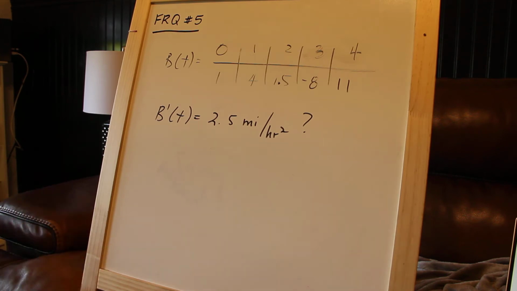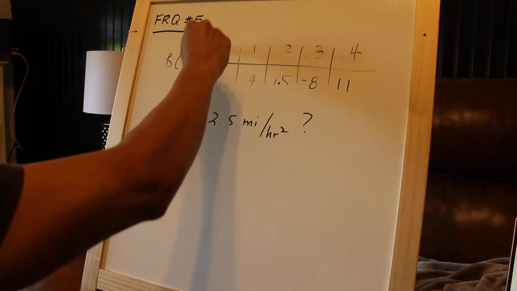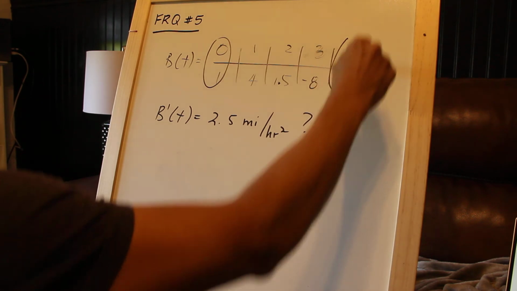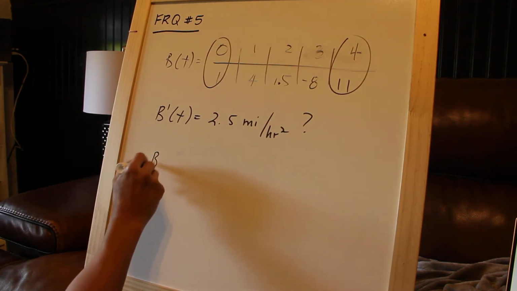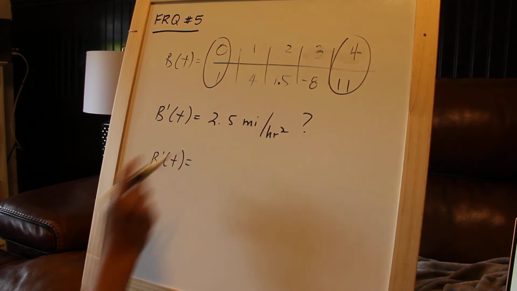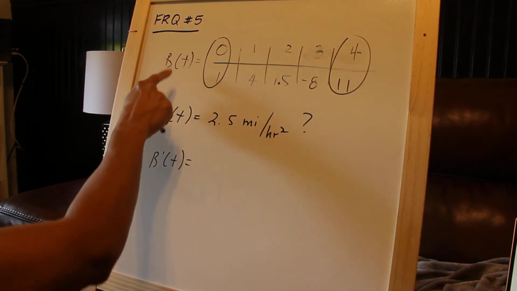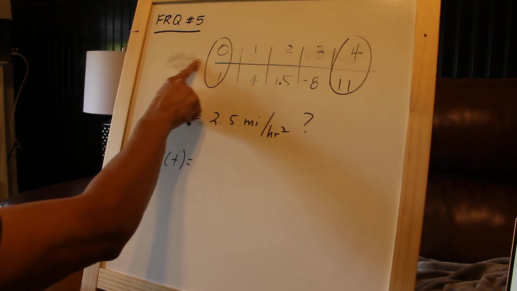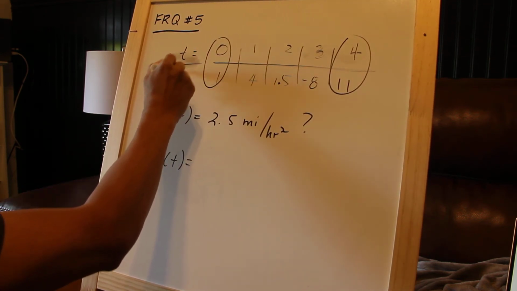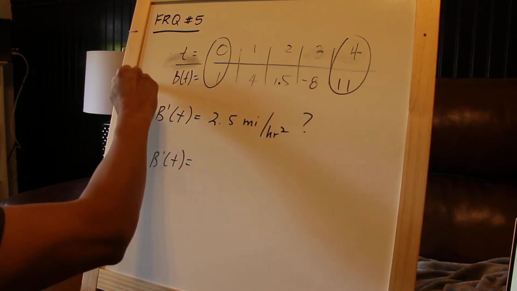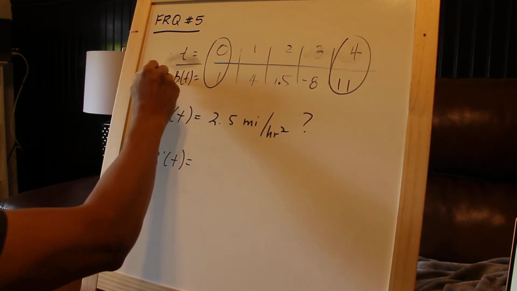I don't need to take a derivative of anything. I need to take a look at the lowest endpoint and the highest endpoint and do a rate of change there. So b prime of t will just equal to, now I should probably rewrite this. This is time equal to here. This is b of t here. This is his speed at the bottom right here.